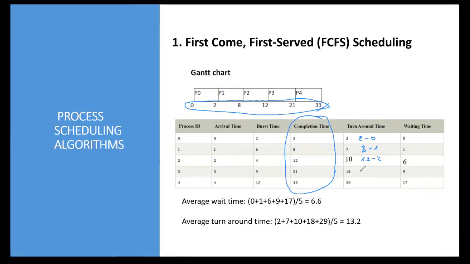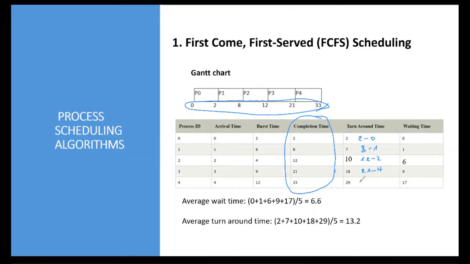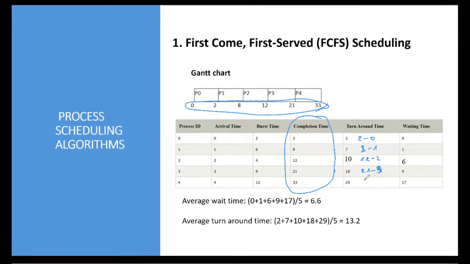Then here we have 21, and we subtract 3. Then here we have 33, and we subtract 4.